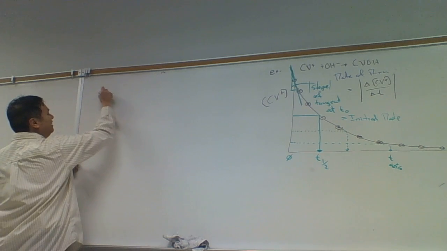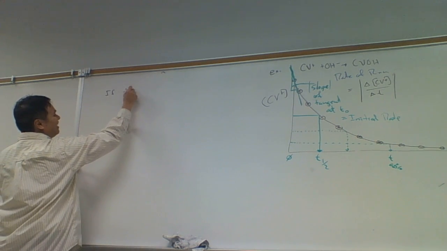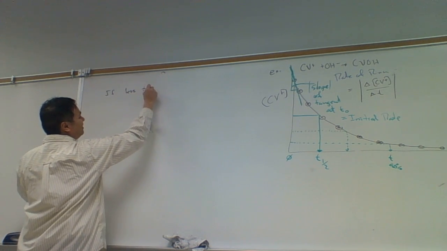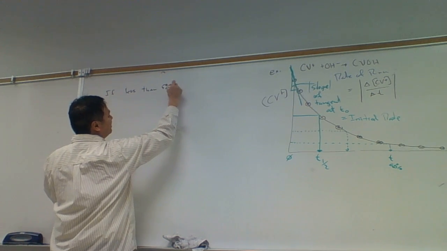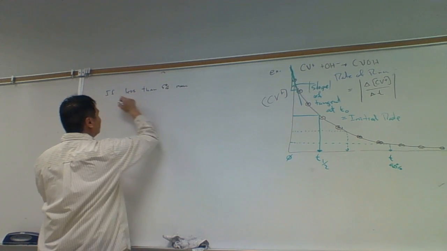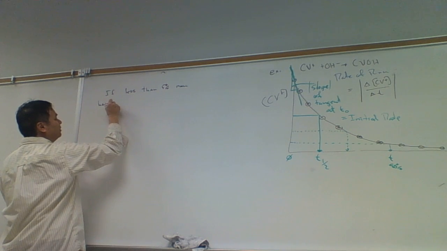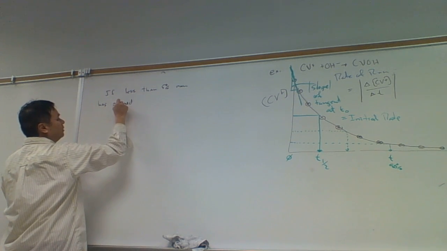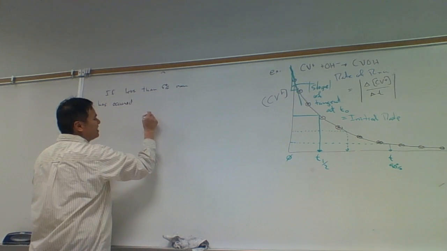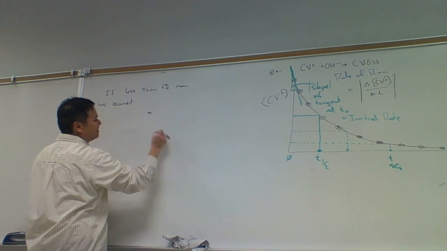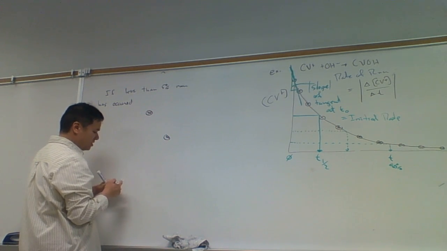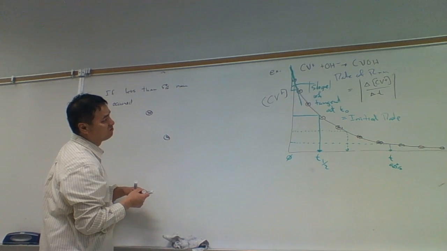If less than 5% reaction has occurred, then what you can do is take the first 2 data points, like this, and just connect them with a line here.